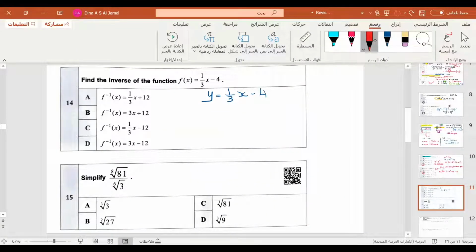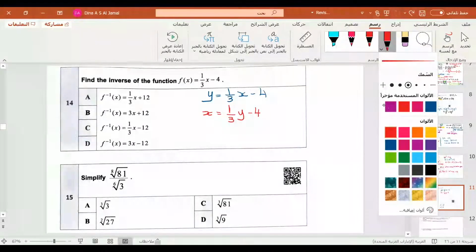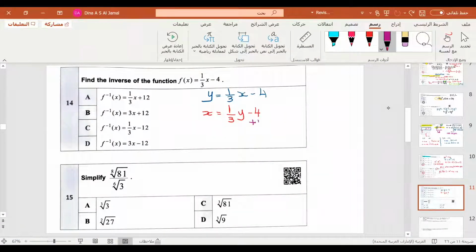Then switch between the x and the y. So put the x here, 1 over 3y minus 4. Then the other step is to take the 4 to this side. So you will be having 1 over 3y equal to x plus 4.